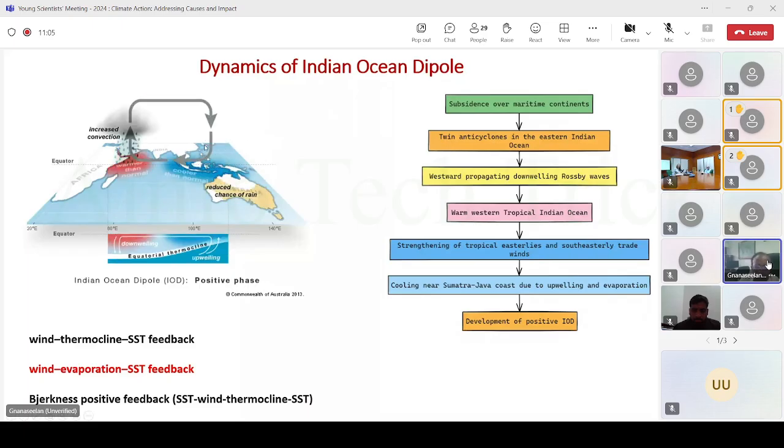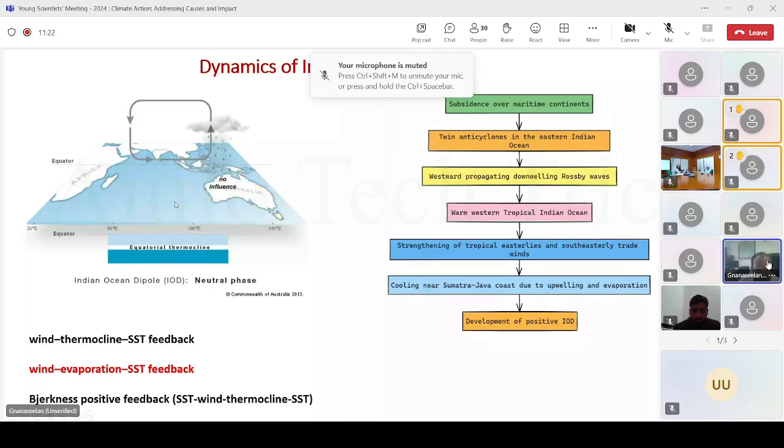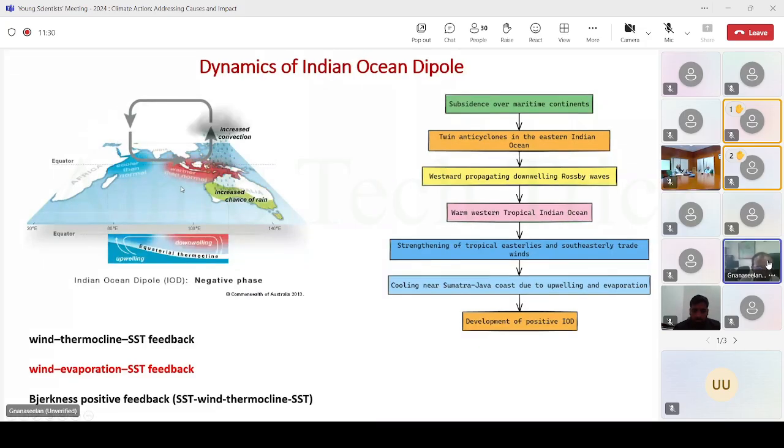This subsidence over the eastern Indian Ocean or maritime continent region triggers two anticyclones, one in the south and one in the north, and these anticyclones can force downwelling Rossby waves in the ocean.